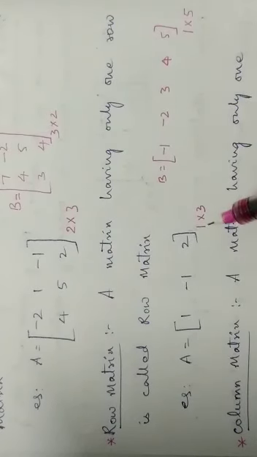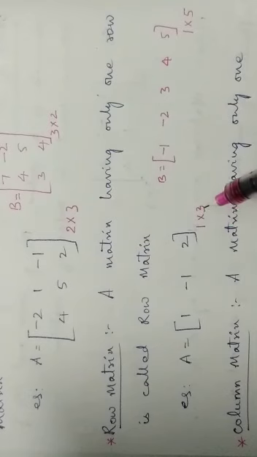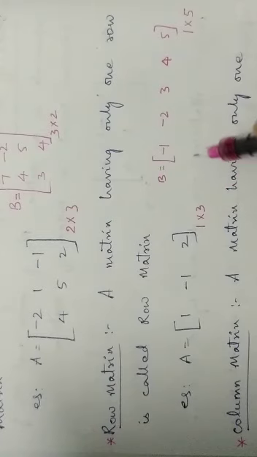If you observe, is it a square matrix or rectangular matrix? Number of rows not equal to number of columns. So this is a rectangular matrix, which means row matrix is always a rectangular matrix. It never be a square matrix, except only when you have one element.